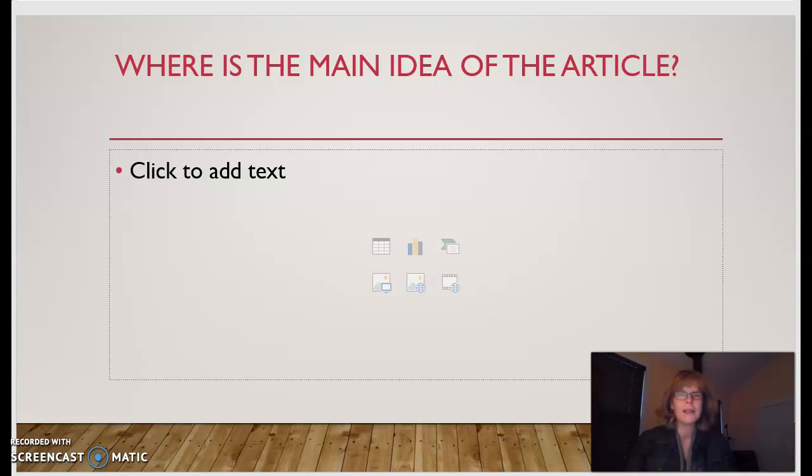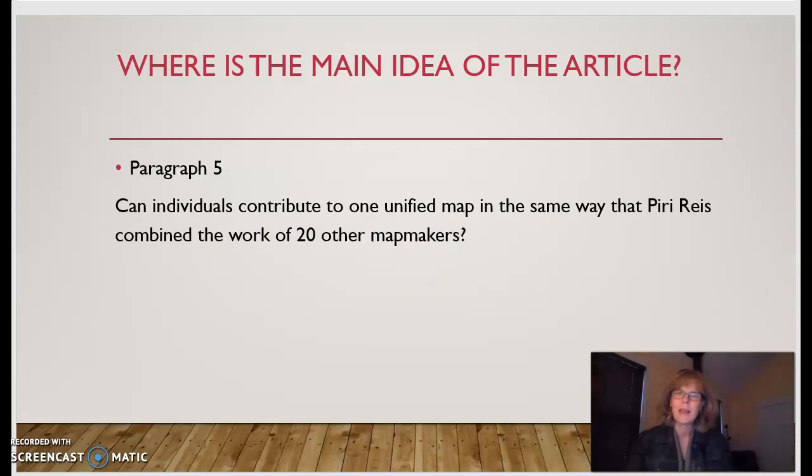I highlighted a sentence here at the end of paragraph 5. And often this is where I find the main idea, at the end of the first section, so that I can see this whole section, paragraphs 1 through 5, they're all serving as an introduction. And paragraph 5 gives me a thesis.